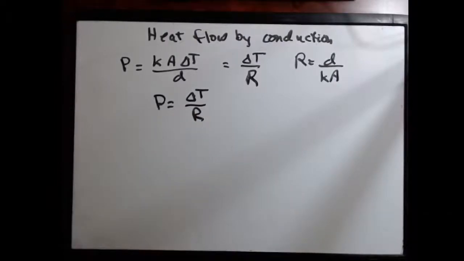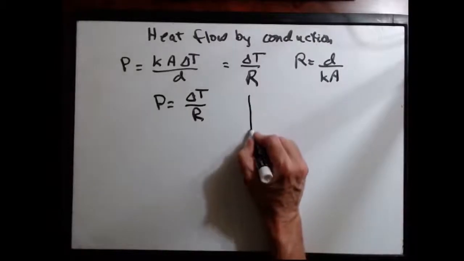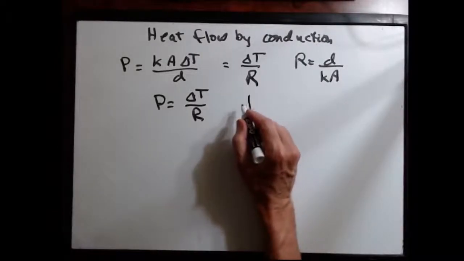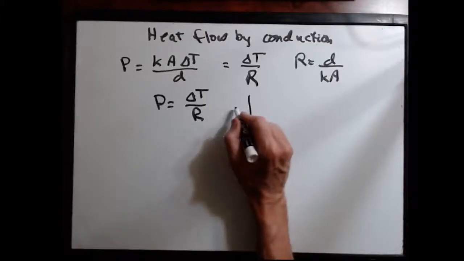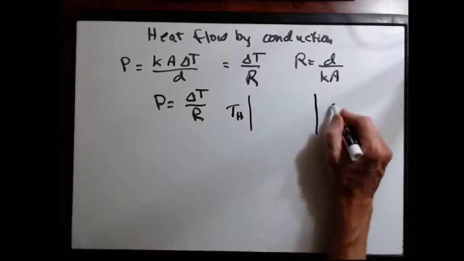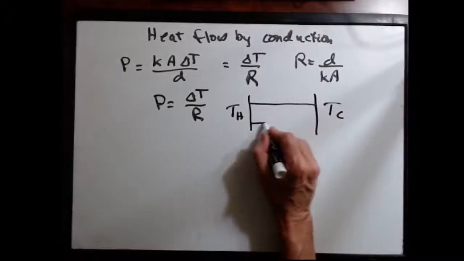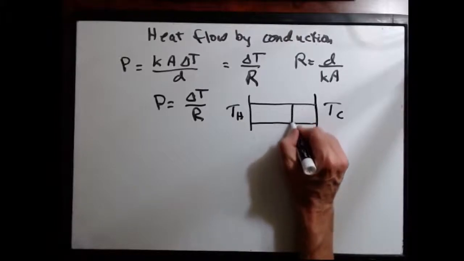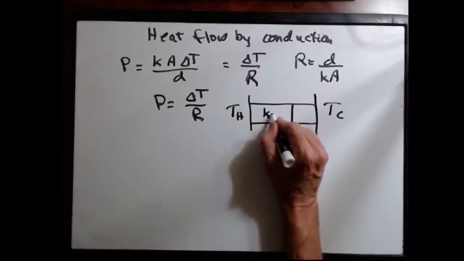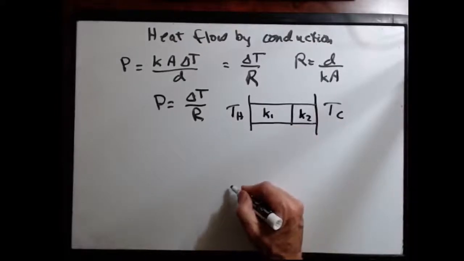And then you can look at some examples. Once again, let's do a 2D version of this, so I don't have to do the fancy 3D drawings. I can say, look, this is my T hot, and this is my T cold over here. And I have two materials. This material has thermal conductivity K1, and this has K2.